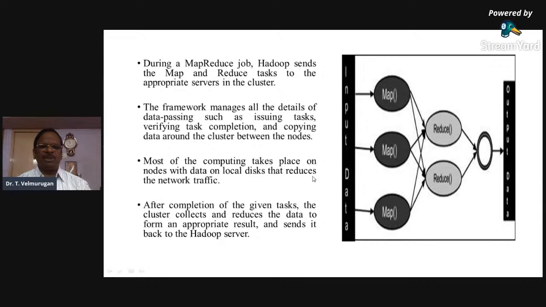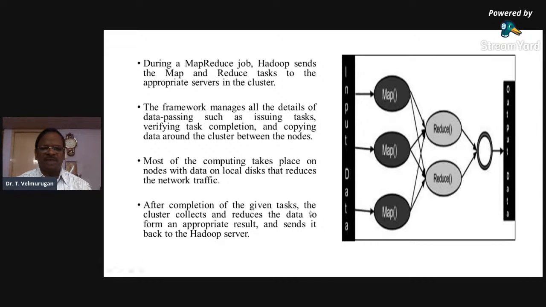Most of the computing takes place on the nodes with the data on local disk, which reduces the network traffic. The local information alone is produced for speedy processing of the data. Whatever information is produced by both the mapper and the reducer is stored on the local disk.